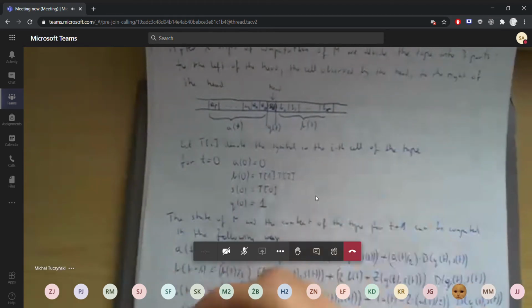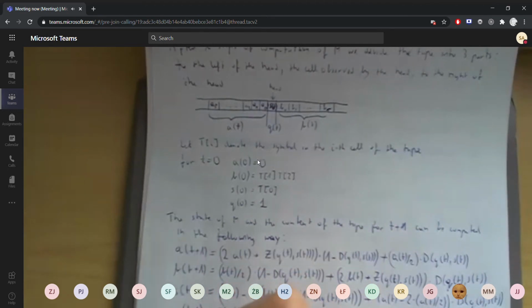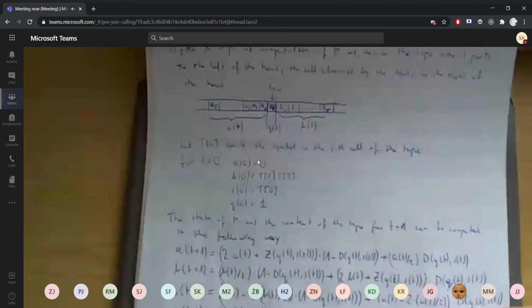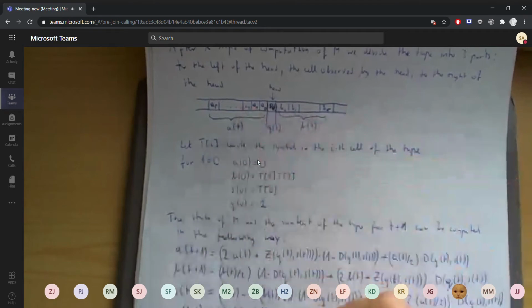When M halts, then f of M of the input equals the concatenation of the following three strings: A of t me. I don't know if to write. Maybe I will write these dots here. Maybe I will write it in both versions, with dots and without dots.